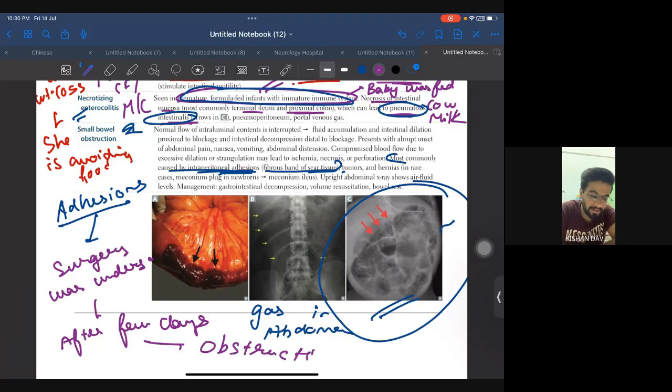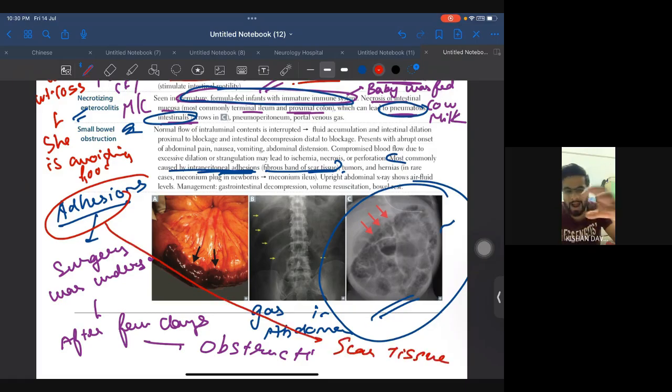How this occurs is that because of adhesion there might be formation of scar tissue, and the fibrosis has occurred so much in the intestine that it has caused obstruction, leading to small bowel obstruction. So adhesions are not mentioned here, not frequently asked.